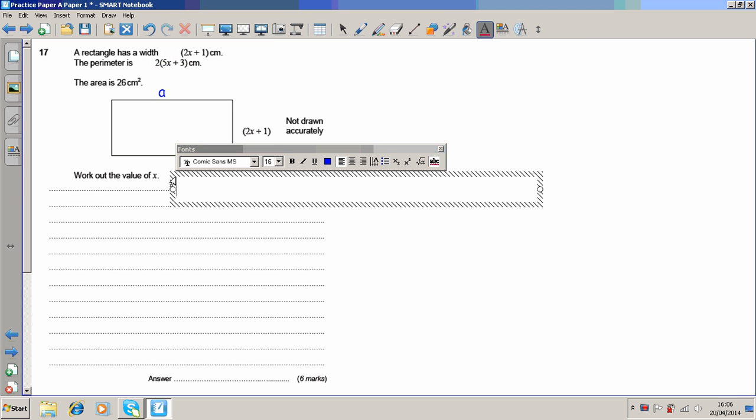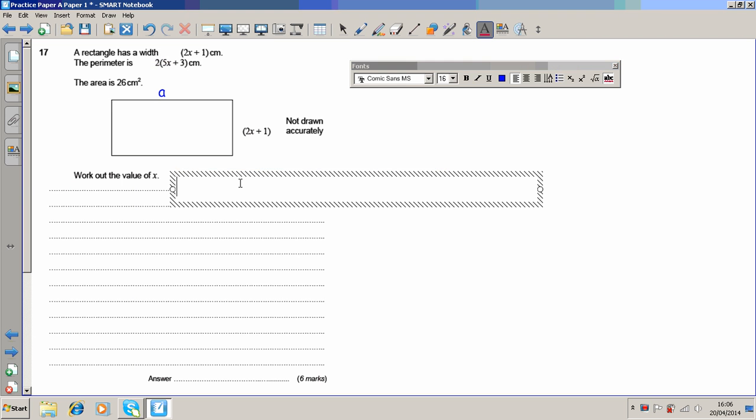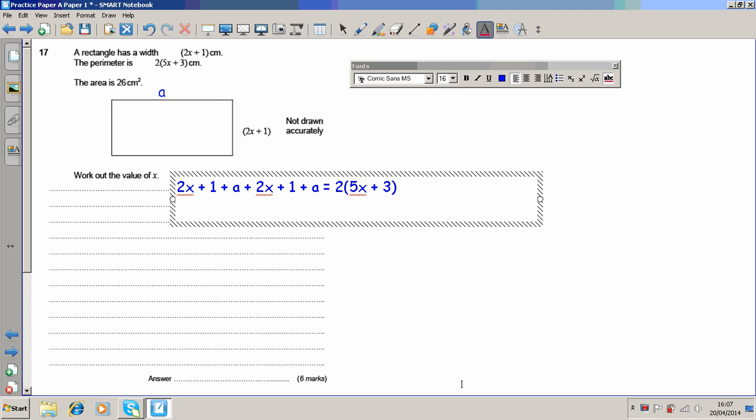I know that the perimeter, so 2x plus 1, plus that missing length A, plus another 2x plus 1 for the other side, plus another missing length A, is all equal to the perimeter, which is 2 lots of 5x plus 3. So now I need to simplify it. 2x plus 2x is 4x, plus 1 plus 1 is 2, and I've got 2a. It's going to equal, expanding the bracket, 10x plus 6.